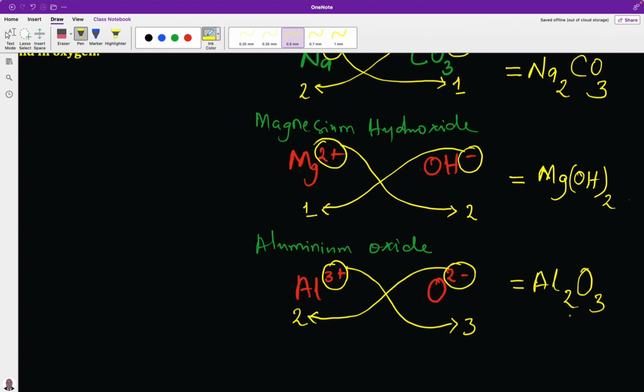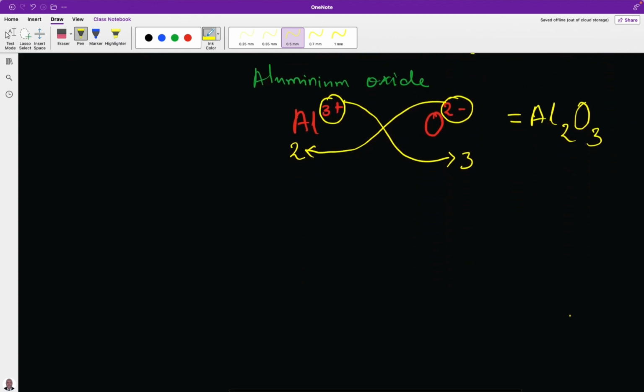Method number 2, in the same process: you can use how to balance the charges.